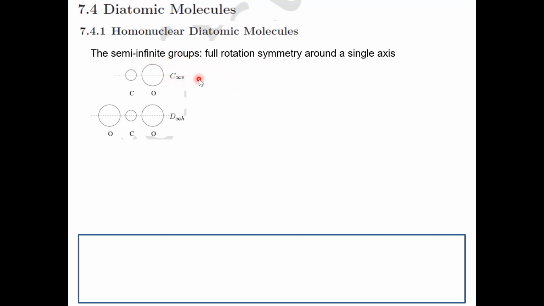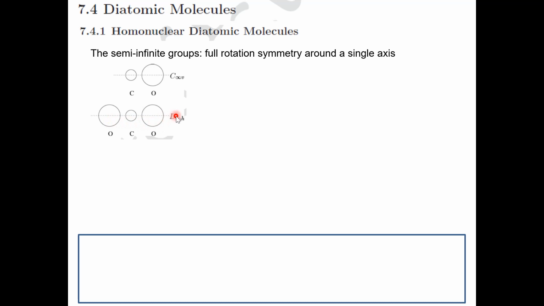The C infinity v group, which is the case, for instance, for the CO molecule, which is not a homonuclear molecule, it is a heteronuclear molecule. But for the homonuclear molecule, I have the D infinity h group.